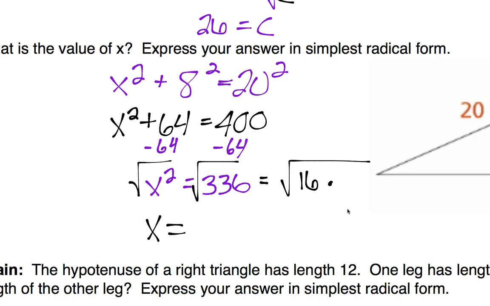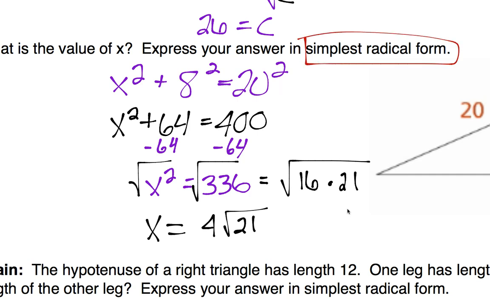So I tried 16 right there, and it happened to be the correct one. So the square root of 16 is 4, and 21 is going to stay because it's not a perfect square. And the only thing inside of it is a 3 and a 7, and those are prime, and we can't break that down any further. So there's no more perfect squares inside of 21. So I'm safe with leaving it like that. So watch how it says, leave it in simplest radical form.